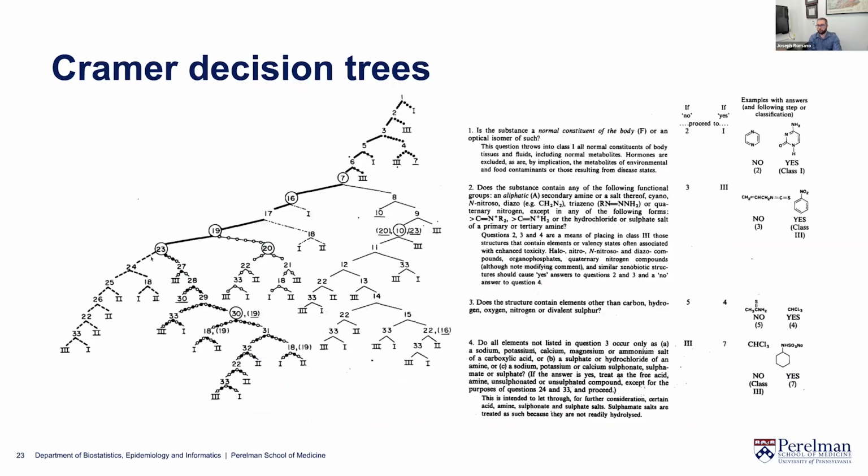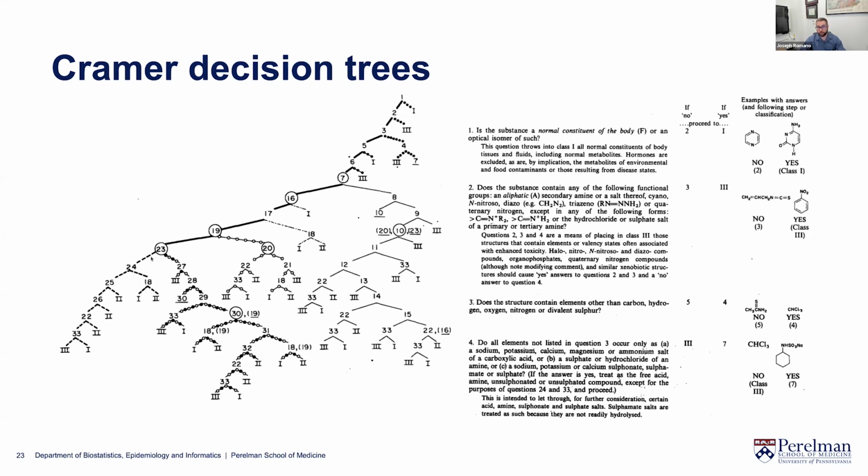And then we can go to more rule-based methods like Cramer decision trees, where we have a preset sequence of questions we can ask about any individual chemical that we then step down this tree. So we start at the top and we ask a question like, is the substance a normal constituent of the body, or is it an optical isomer as such? If yes, then we can immediately say that this is likely not a toxic compound, it's low risk.